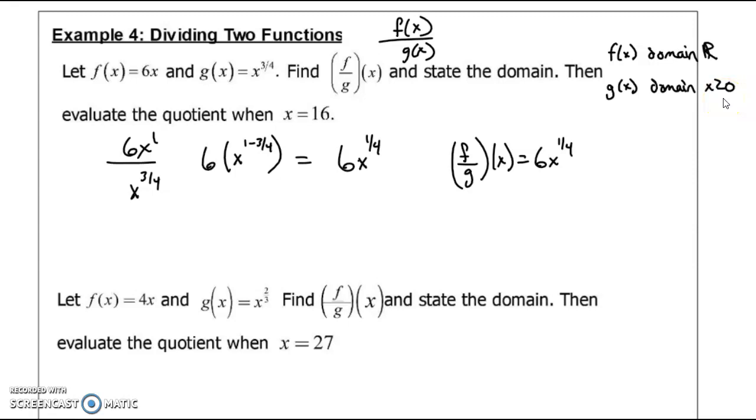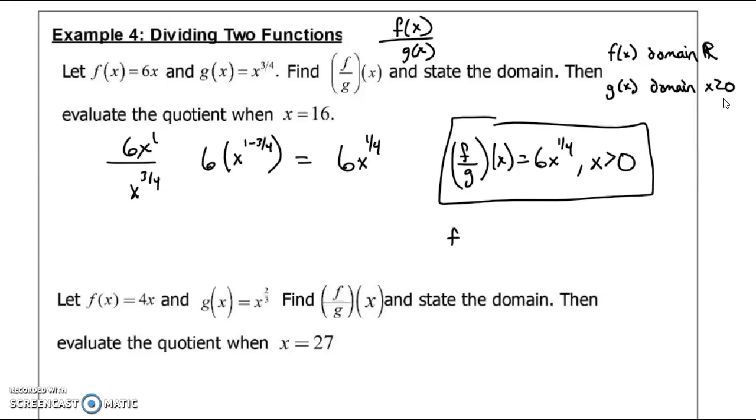So it needs to be that the domain is x is greater than 0, not greater than or equal to 0. Okay, and so then to evaluate the function when x is 16, I'm just using the correct notation here so that you guys see it more often. So that's the same as 6 times the 4th root of 16. 4th root of 16 is 2, and 6 times 2 is 12.